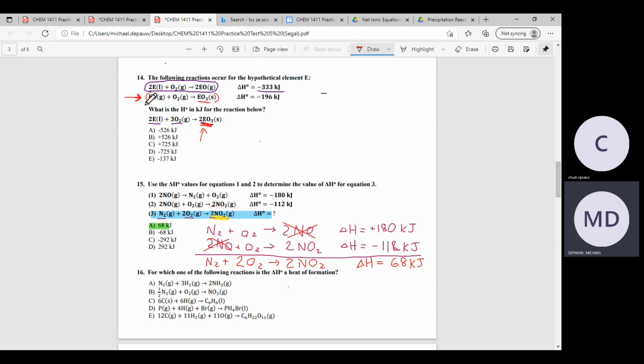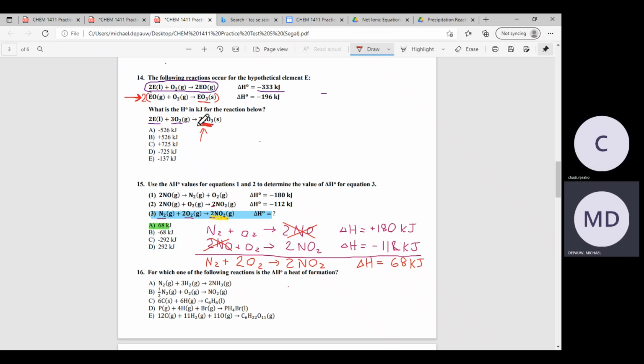So what do I have to do to it? Wouldn't you add the EO plus the O2? No, I can't add anything. The only thing I can do is flip it or multiply it. I don't know. You have to multiply it by 2.